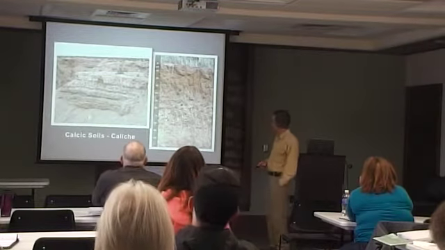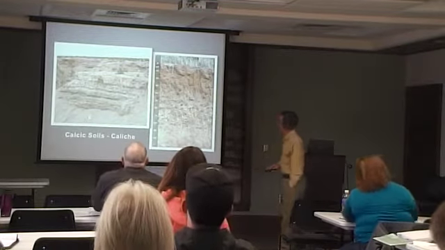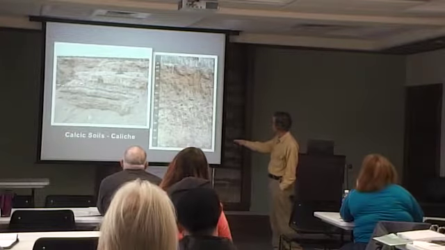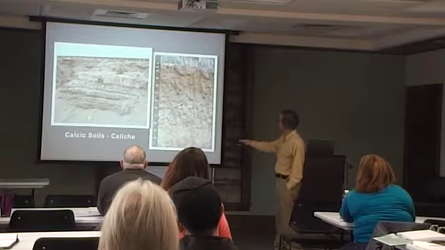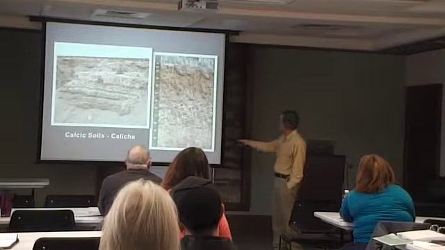Lastly, caliche soils or calcic soils. Two examples. Again, this one has small caliche nodules in the B horizon, and in this one those nodules merged to form a solid layer called a hardpan below the surface.